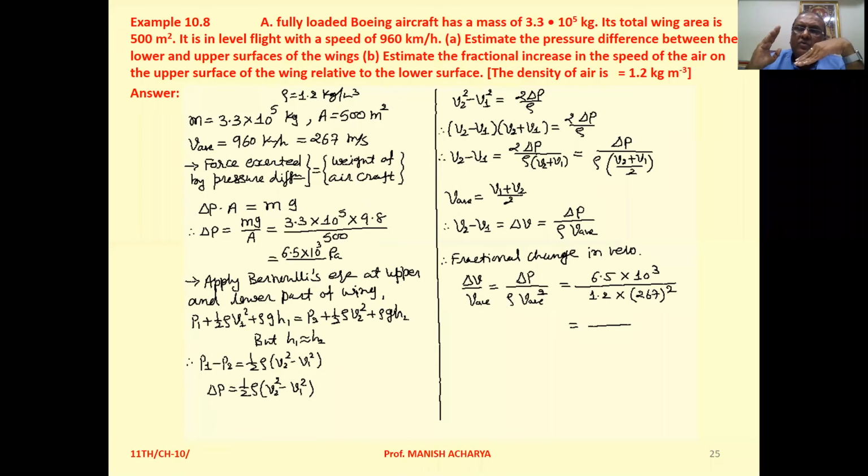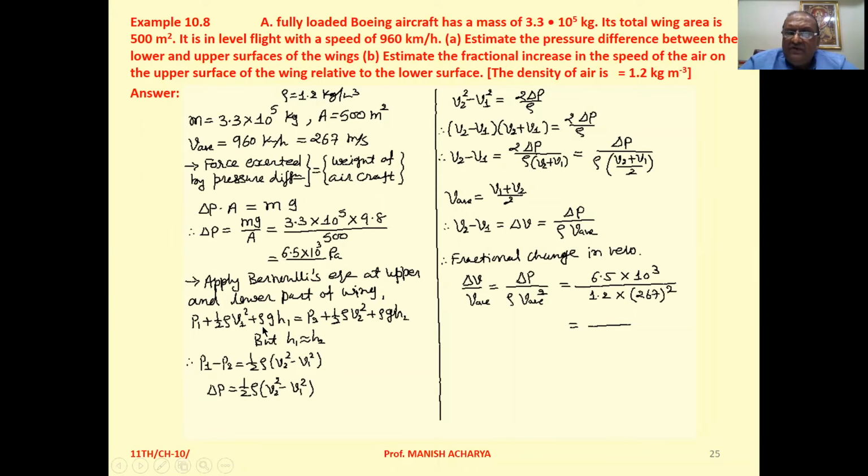But compared to the height from the surface of the earth, the thickness of the wing is negligible. So we can consider h1 nearly equal to h2, so rho g h1 and rho g h2 cancel.